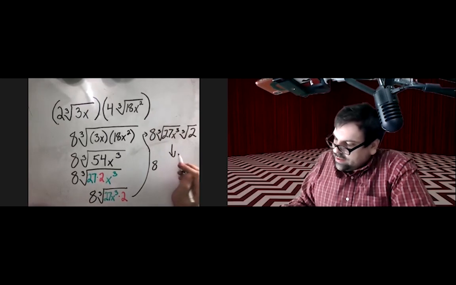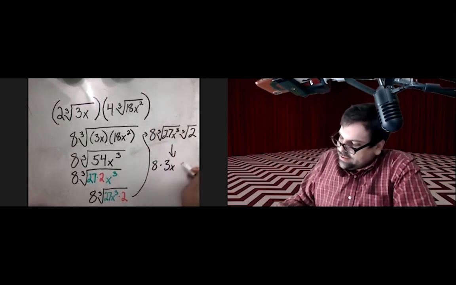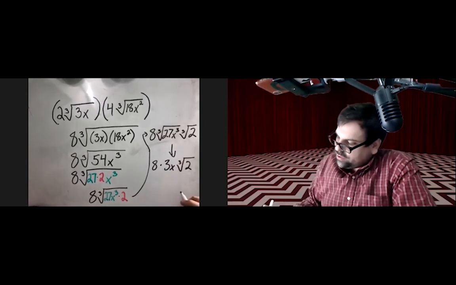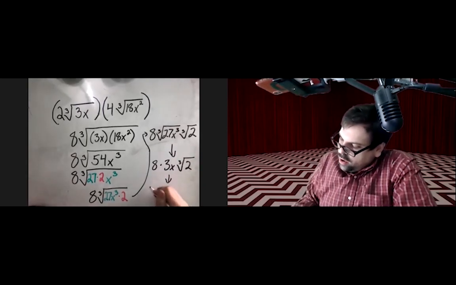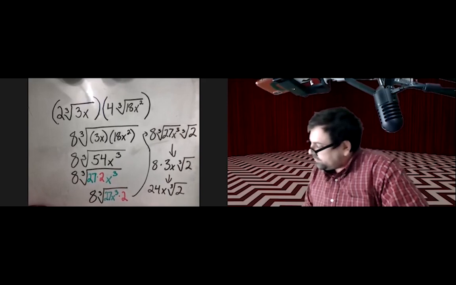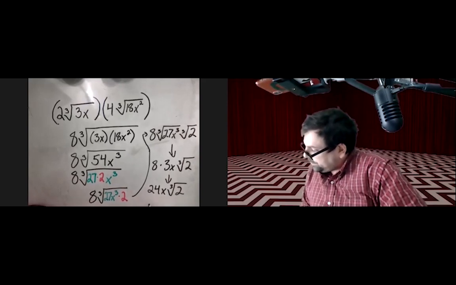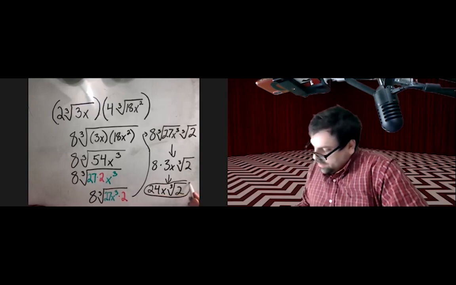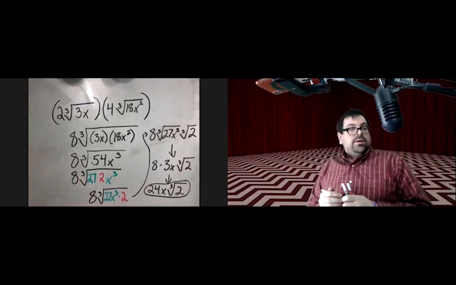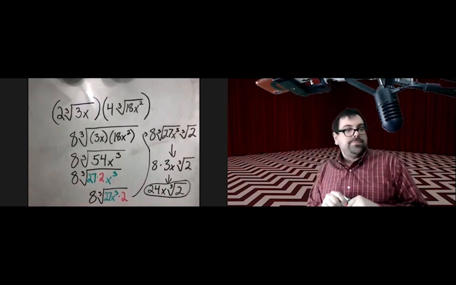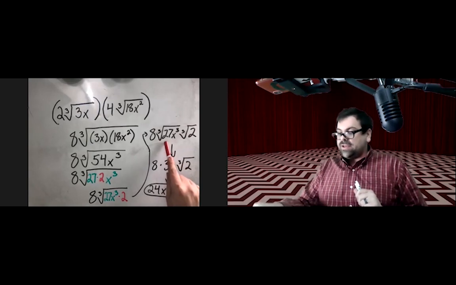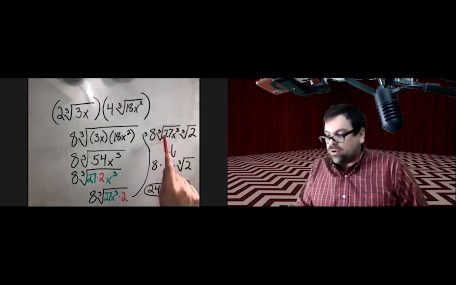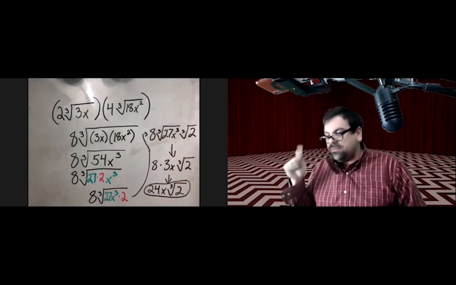That's 8 times 3x times the cube root of 2, which is 24x times the cube root of 2. Which is the answer. Why is the cube root of 27x cubed 3x? Because the cube root of 27 is 3 and the cube root of x cubed is x.